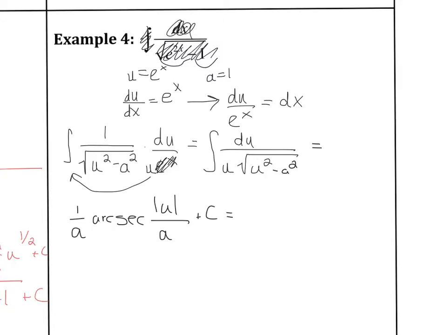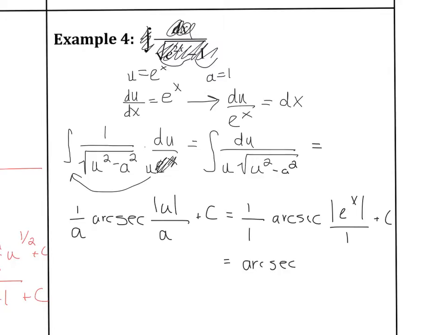So now let's back substitute. We'll have 1 over 1, arcsecant, the absolute value of u, which was e to the x, over a, which is 1, plus c. And then there's a number of things that we can do to make this simpler. We don't need the 1 over 1. We can just write arcsecant.